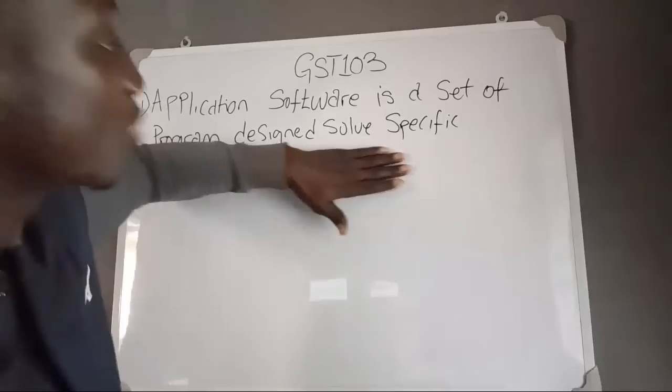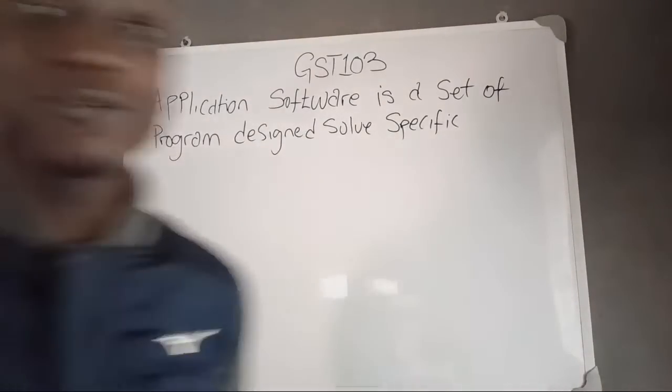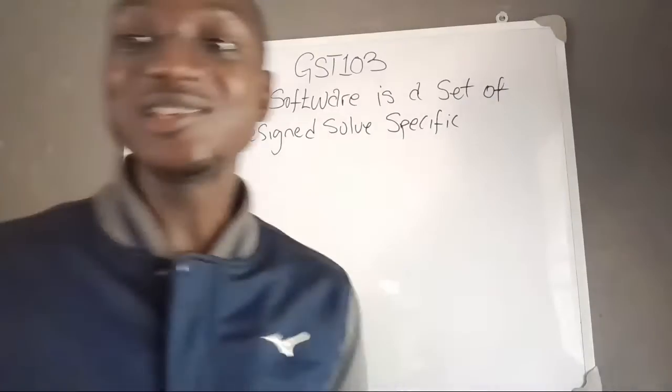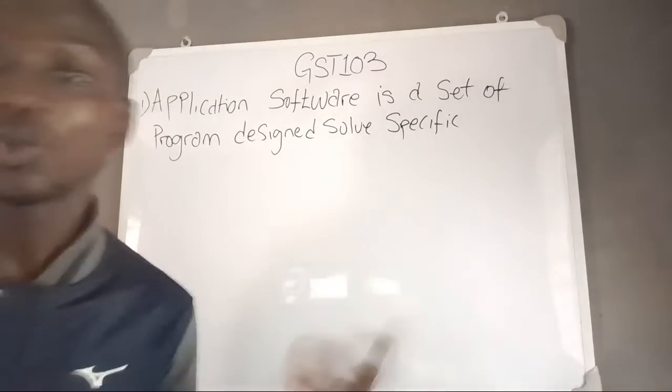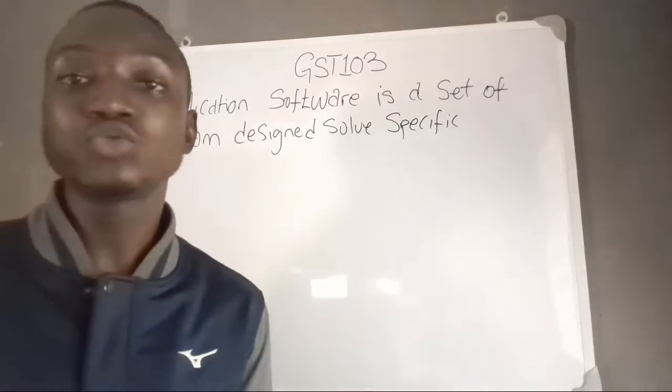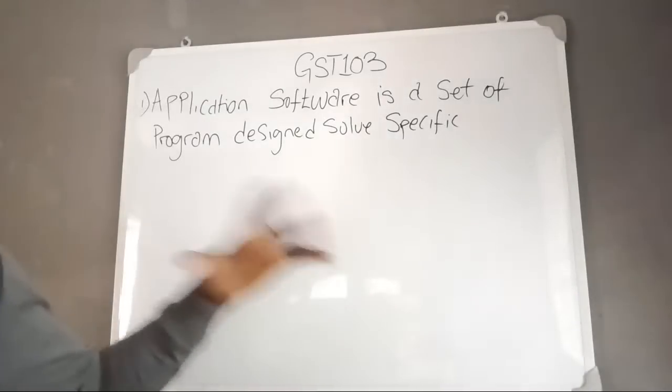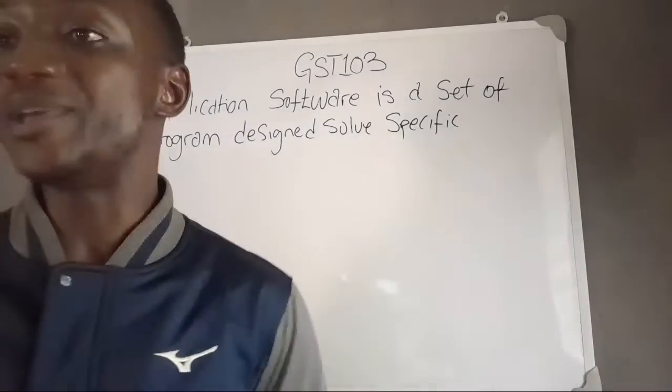Just like we have our Microsoft Word, which is there for anything typing: you want to create a letter, type, send email. And we have Excel when you want to calculate, maybe your accounts. Excel is there for you. Just like we have Photoshop for photo editing. All these things are application software.